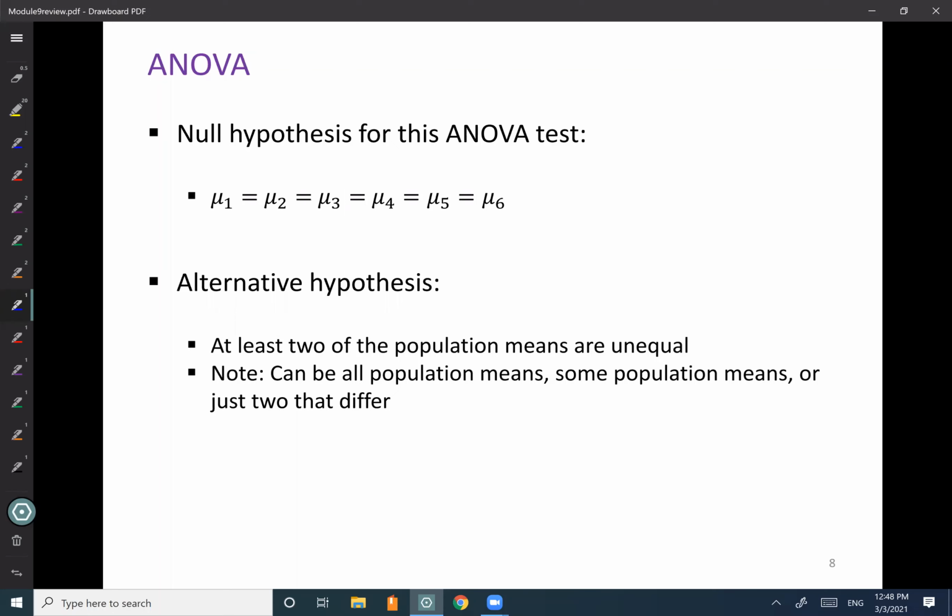which is another way of saying that one of the population means is different from at least one of the others. Note that this can be all population means are different. It might mean some of the population means are different, maybe 3 or 4 or 5, or just 2 are different.